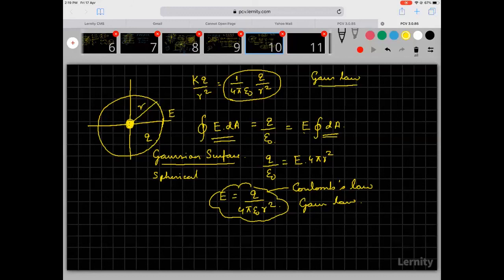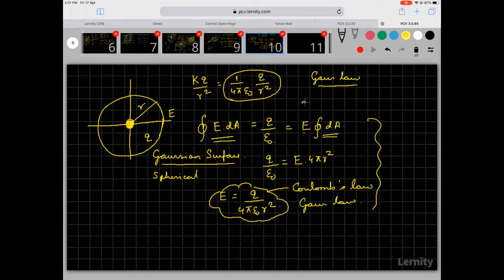In fact, Gauss law is the first of the equations given by Maxwell. Maxwell gave 4 equations which explain the whole of electromagnetism. Among his 4 laws, Gauss law is more fundamental than Coulomb's law, and I hope you have understood this.